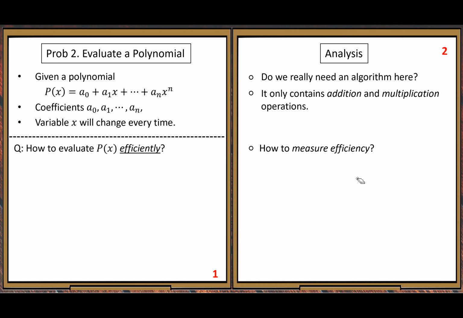We can call it response time. That's the first measure, direct and straightforward. You can use that to compare whether one algorithm is faster than the other.